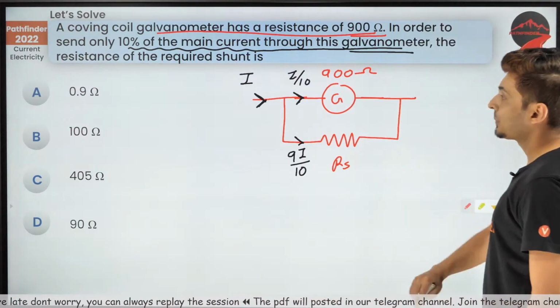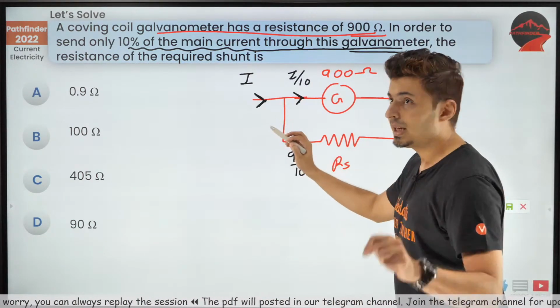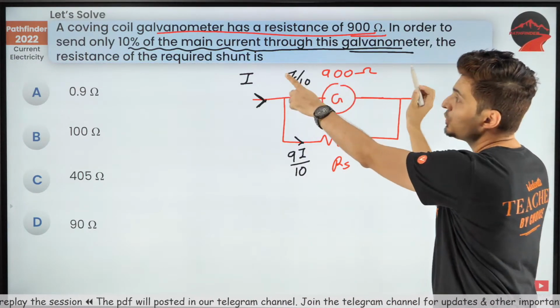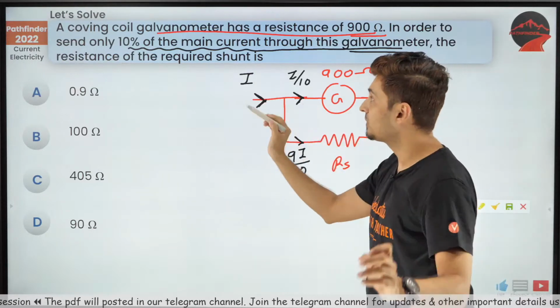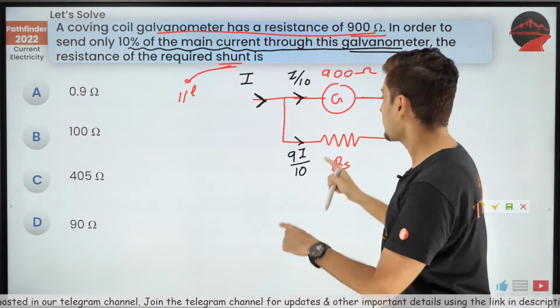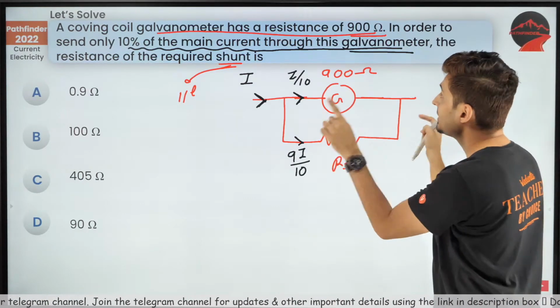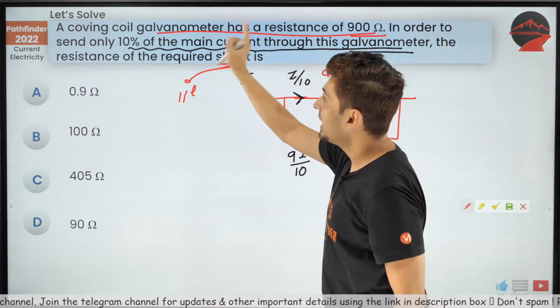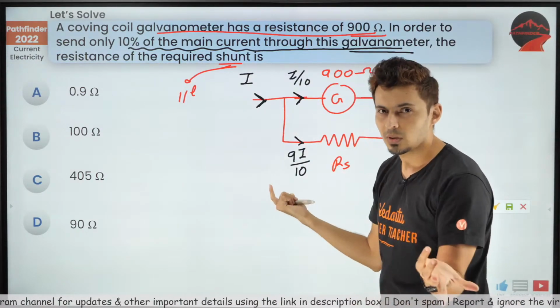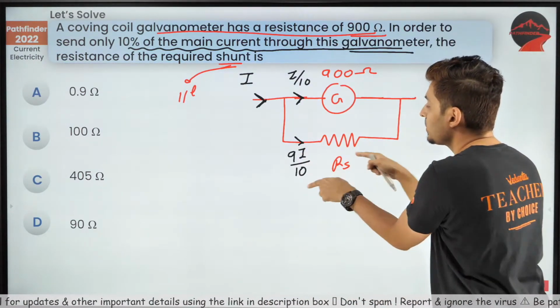Understand that? Okay. So I'll repeat, there was a galvanometer of resistance 900 ohm and you have connected a shunt. What is the meaning of shunt? Shunt means parallel. That's what you should keep in mind. You have connected a resistance in parallel such that out of that main current only 10%, meaning total current by 10, goes through the galvanometer, and the remaining 90% will go through the shunt.